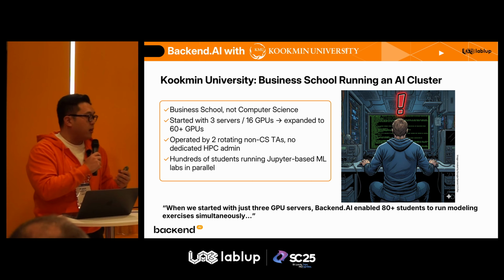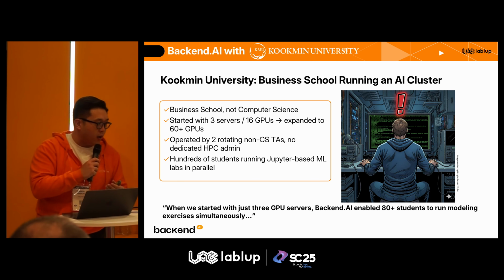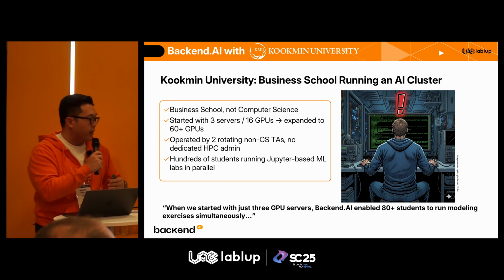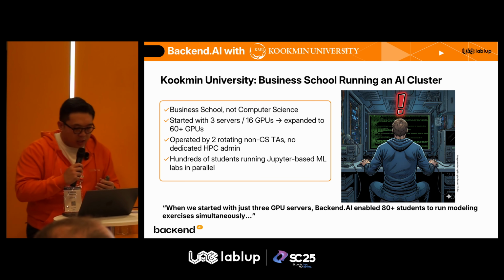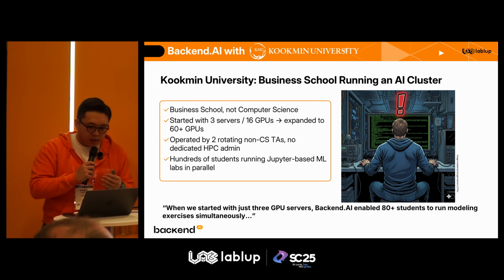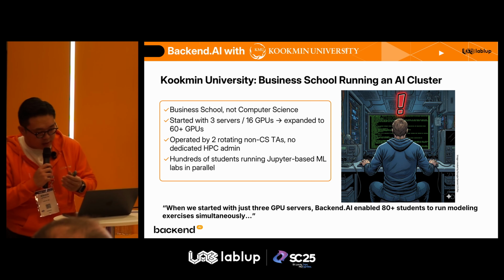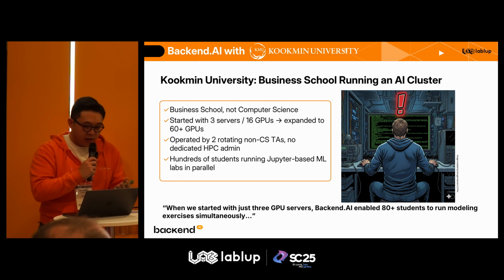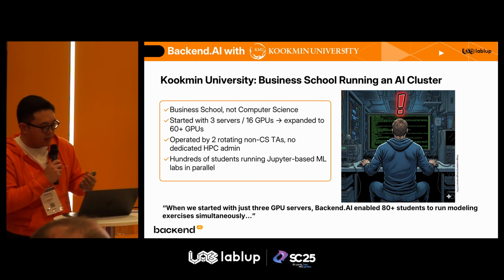Plus, they are still using it very well, with hundreds of students running various environments and labs in parallel. So the design goal is quite straightforward. The TAs, the MBA students, should behave more like course coordinators, but they cannot be the system administrator.